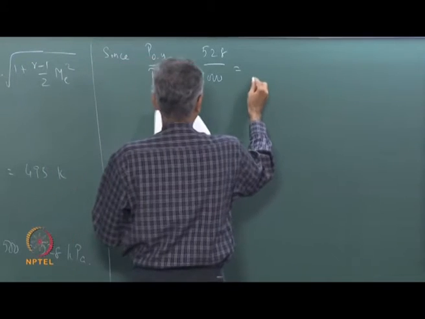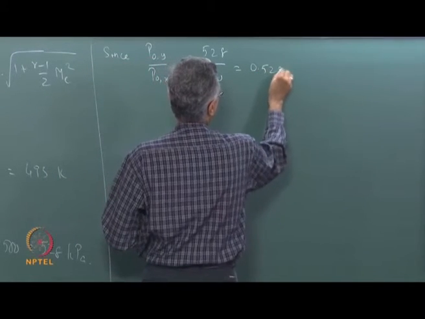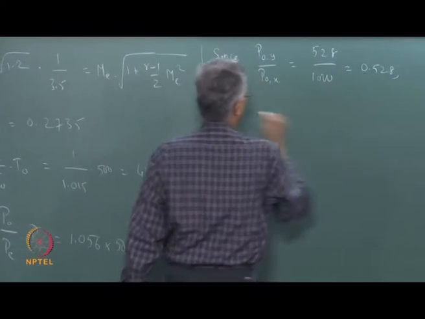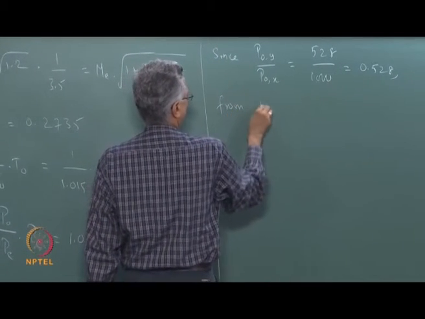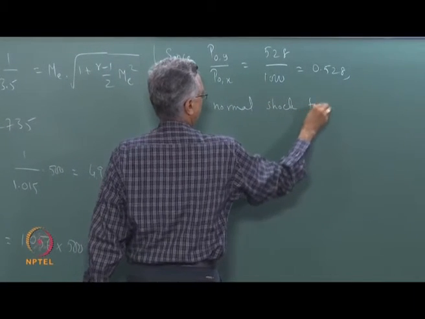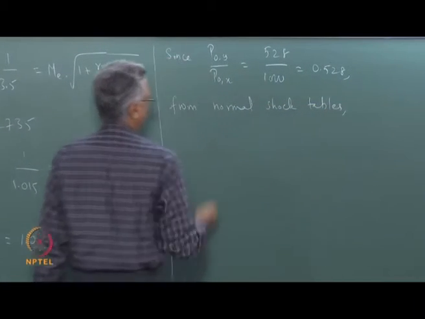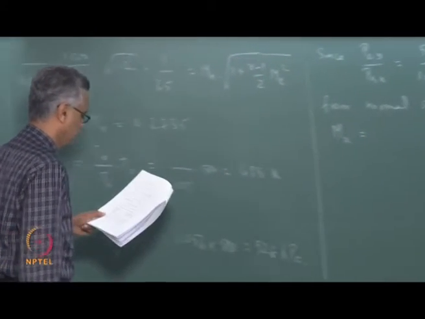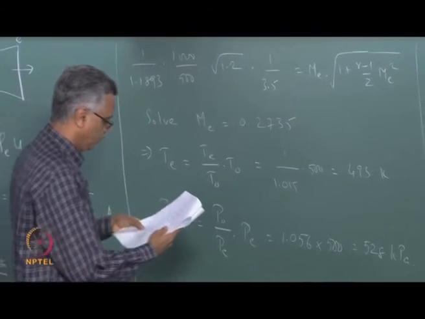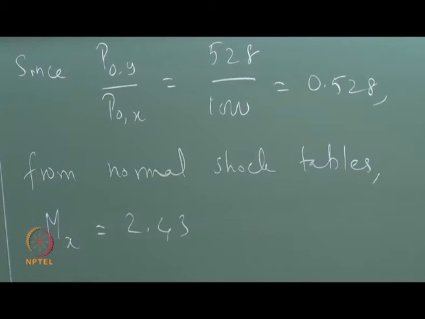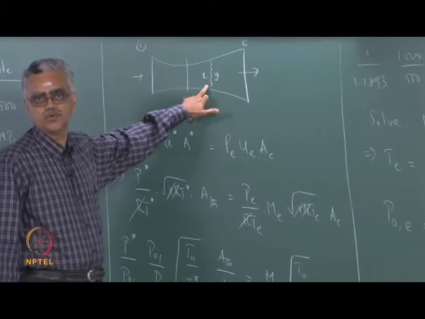So that is 0.528. From the normal shock table, I can get Mx to be 2.43. So I know the Mach number here, Mx, is 2.43.